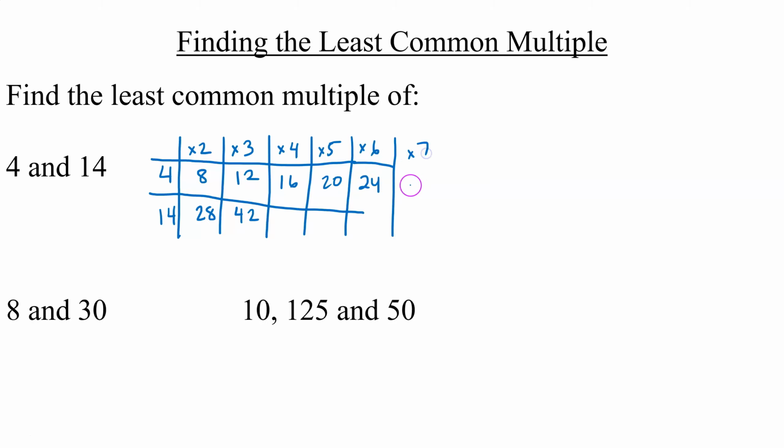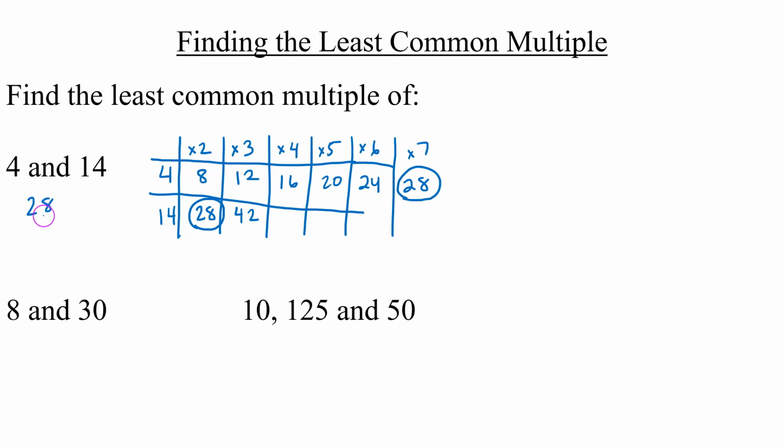And 4 times 7 is 28. If you look, we have a 28 here in this row, and we have a 28 here in this row. So the least common multiple of 4 and 14 is 28.